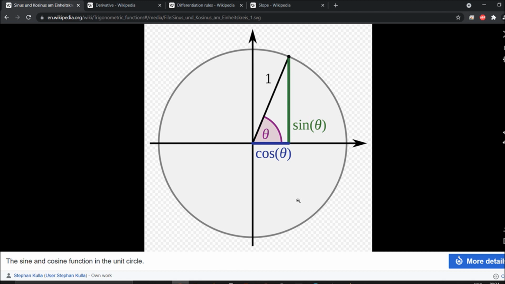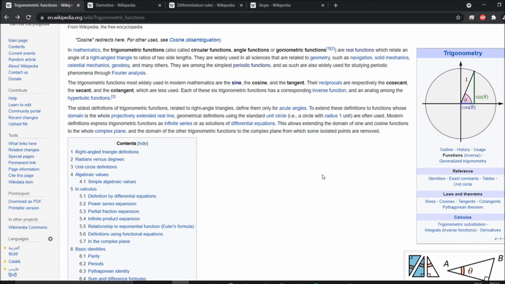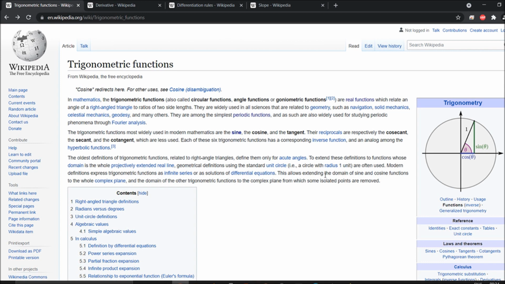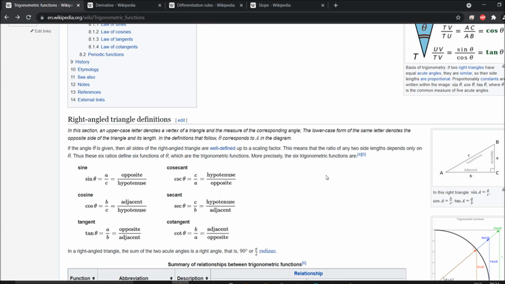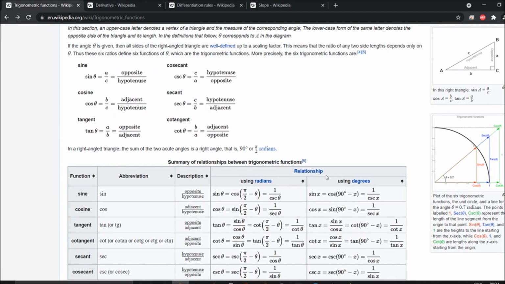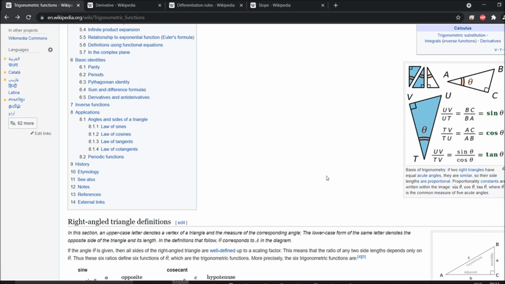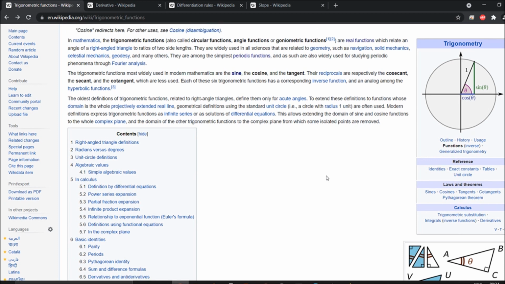These are very much necessary, and trigonometric functions are very much required to understand further things. Today we will derive certain things and see what needs to be done.